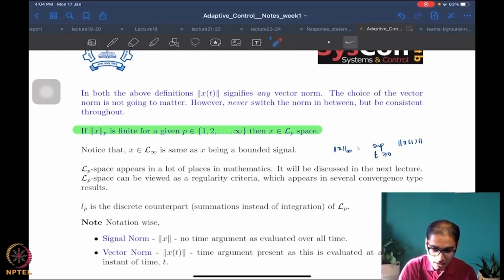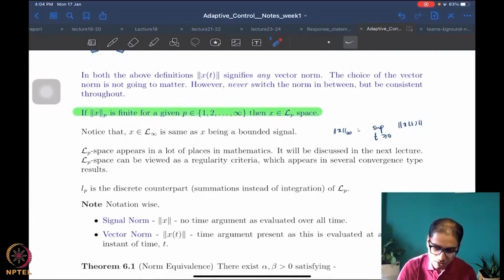Okay. And how do you categorize them? You say that if a function has a finite L_p norm, then it belongs to L_p space. Yeah. And these are very, very useful regularity conditions which appear in a lot of places in mathematics, like approximation theory, Fourier transforms, and so on and so forth. So it's not just significant here in the context of controls and adaptation, but in a much more general setting in mathematics, these are rather critical spaces.